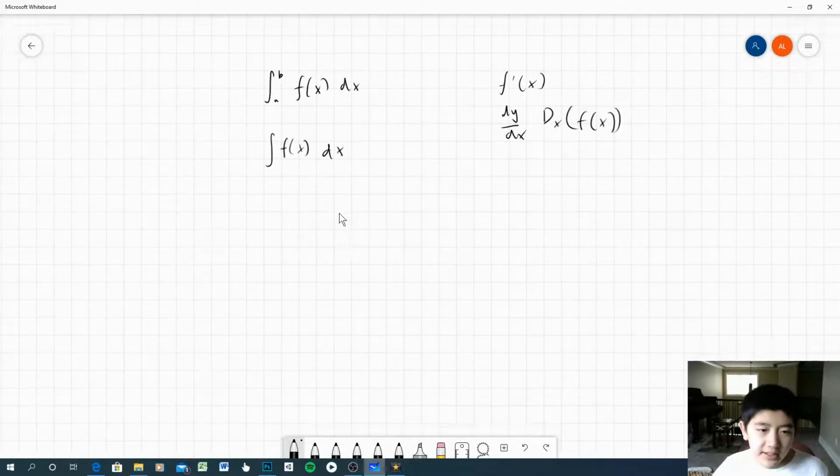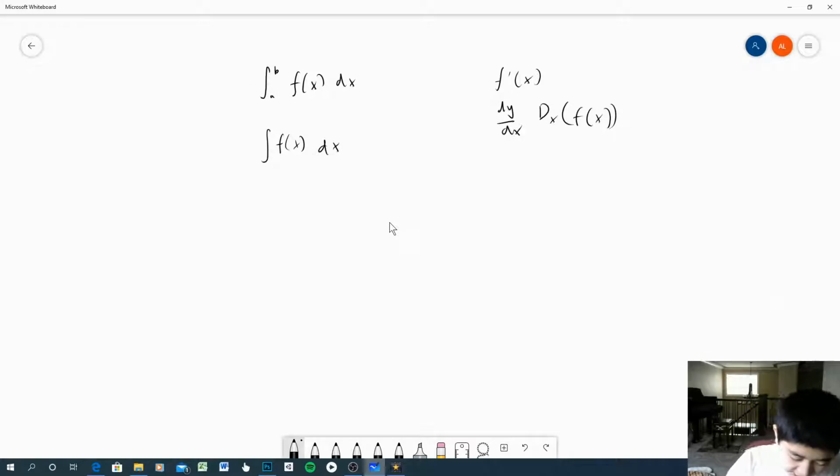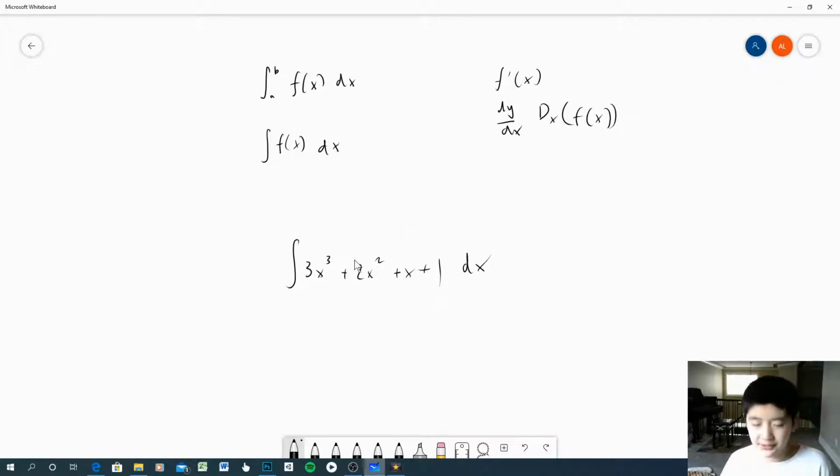And so, if we have a function like 3x cubed plus 2x squared plus x plus 1, then if we put that in an indefinite integral, we just take the antiderivative.